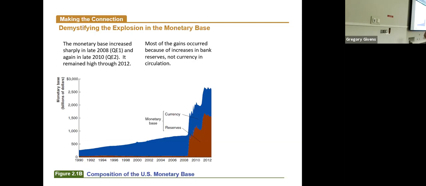Well, it turns out that during the start of the financial crisis, the Fed's portfolio of U.S. Treasury securities actually fell when the monetary base went up. So all of these T-bills and T-notes that the Fed was holding, their portfolio of those assets actually shrank.